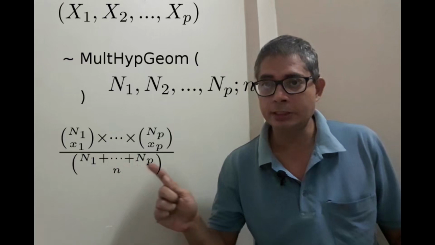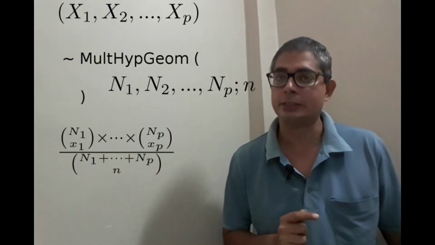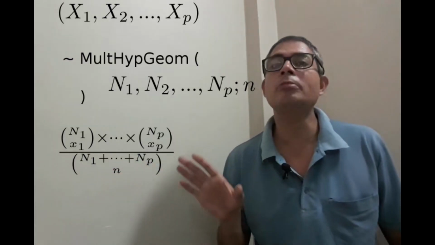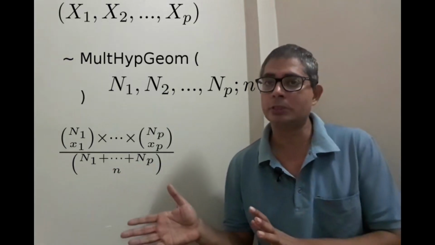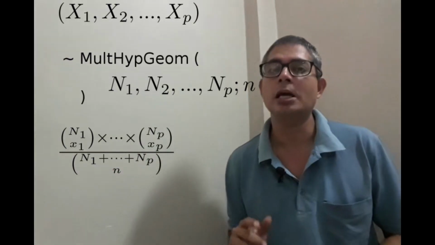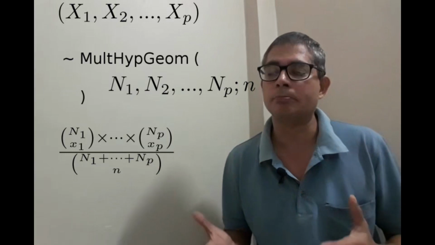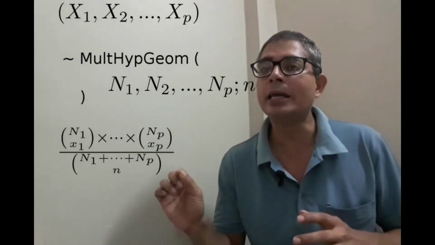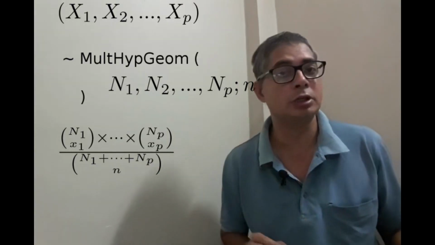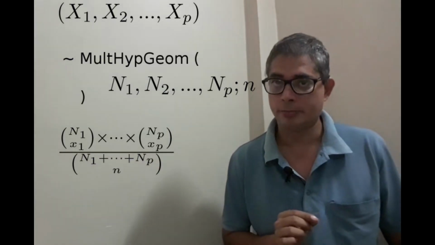This sum is actually the population size. Thus, the denominator is the total number of possible samples, while the numerator is the number of those samples that have exactly x_i individuals from category i for all i.